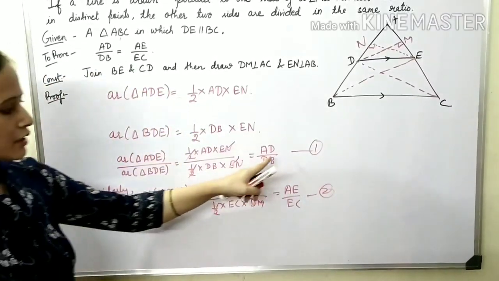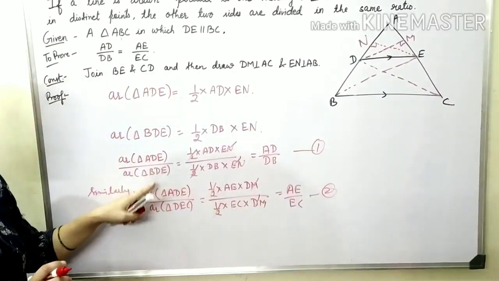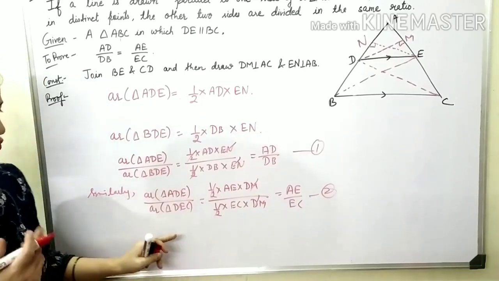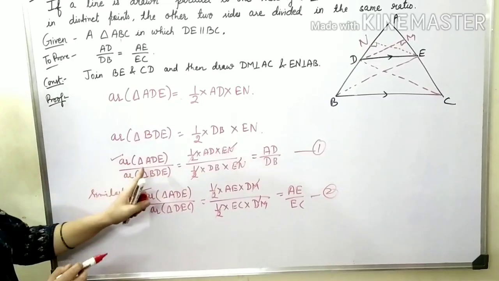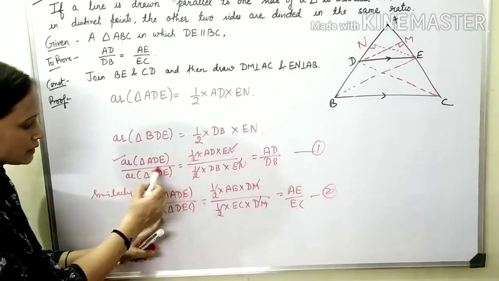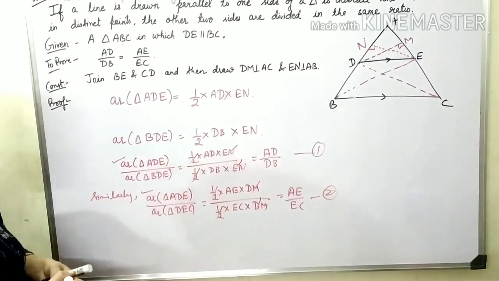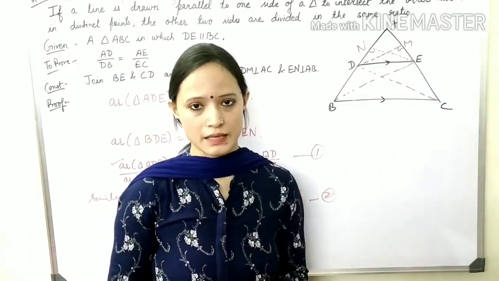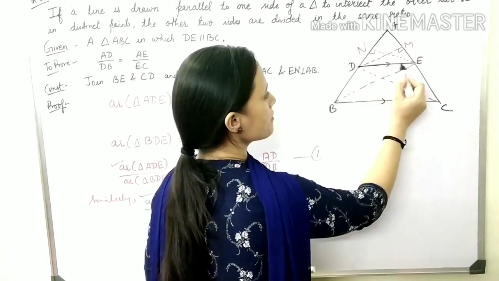Now we need to have these two as equal, so the left hand sides of both the equations should be equal. We see that the numerator of both the fractions is equal, but we need to equate the denominator. To prove this, we'll use one theorem which we studied in class 9: if two triangles are lying on the same base.